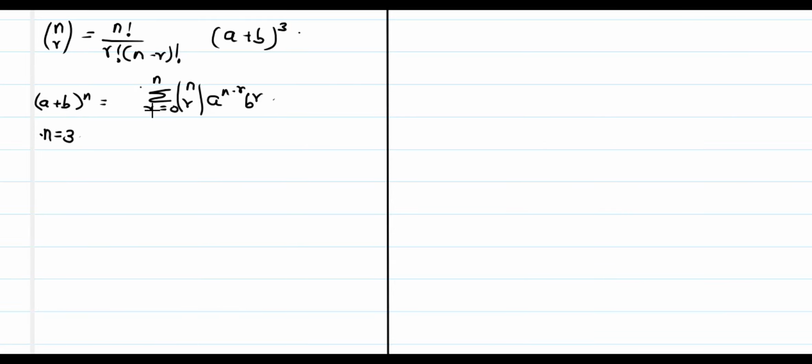And then this r will start from 0 all the way to n, where n is the highest power we are given. In our case, n is 3, so r will go 0, 1, 2, 3, up to the highest power. Then these a and b are the unknowns we are given in the problem.